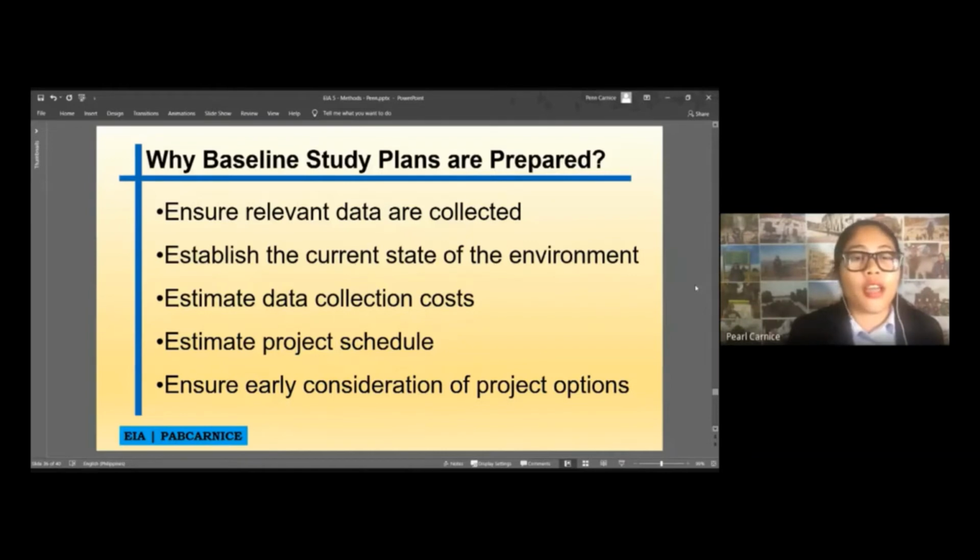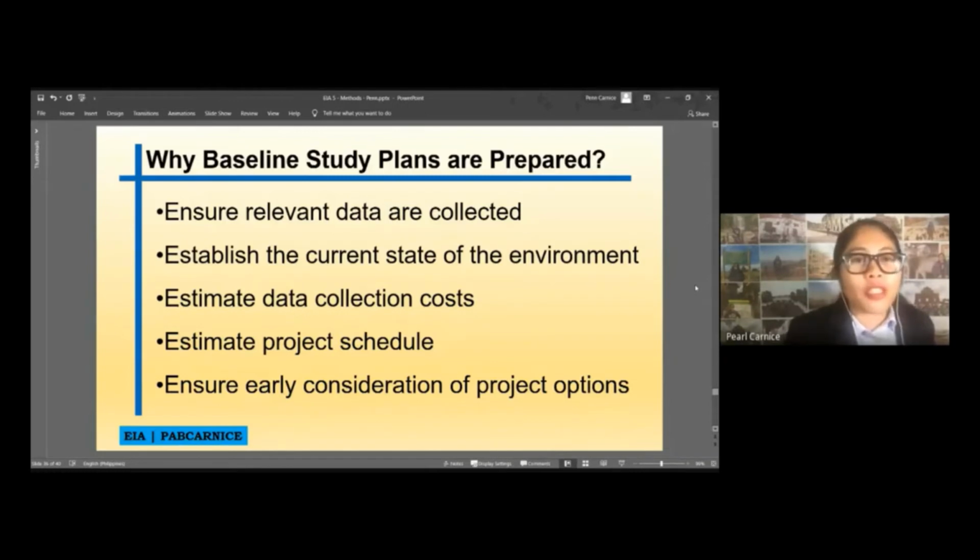If there is an adverse impact found during the monitoring and audit, they can compare those results to your baseline data or your baseline study. Of course, we have to estimate data collection costs, because we cannot pour out our funds just on doing our baseline study plan. So we have to estimate that.